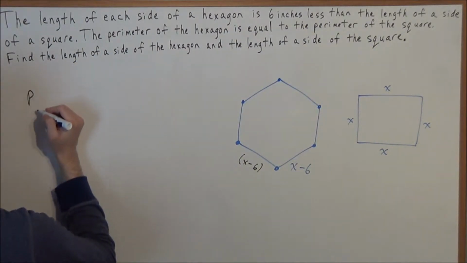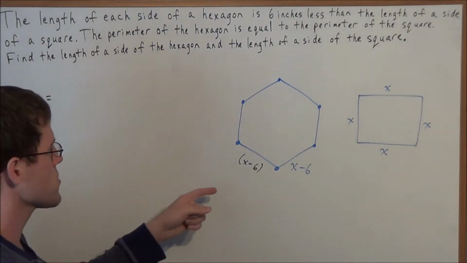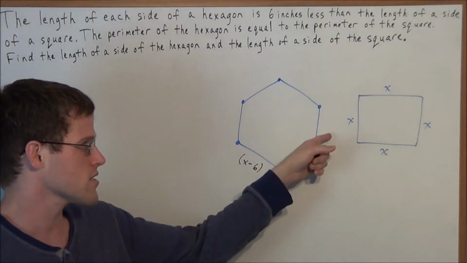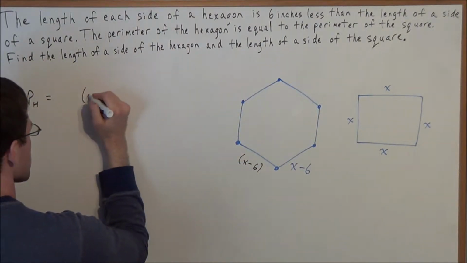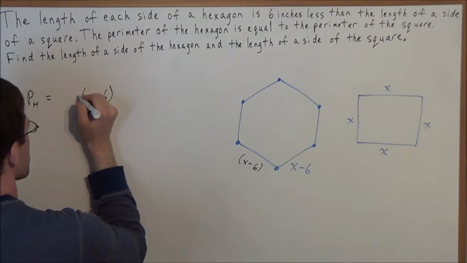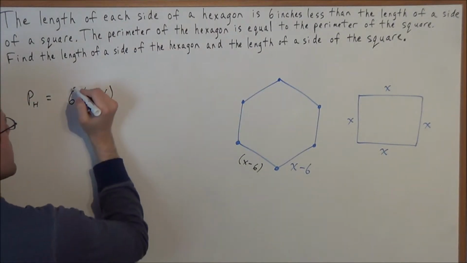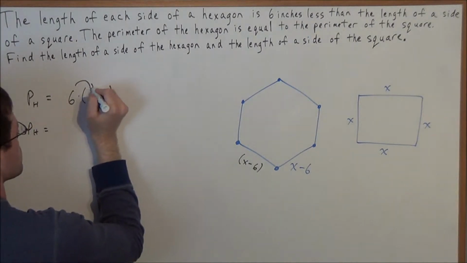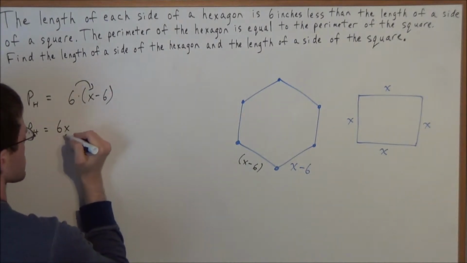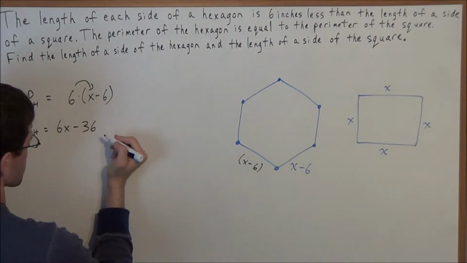We'll write this as P, with a small capital H. So the perimeter of the hexagon equals x minus 6 plus x minus 6. We could add it up 6 times, or we could just say x minus 6 times 6, because there's 6 of them. Now we can distribute, and the perimeter of the hexagon is equal to 6 times x, which is 6x, and 6 times minus 6 is negative 36.